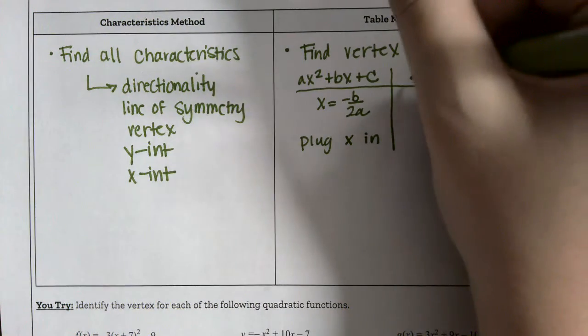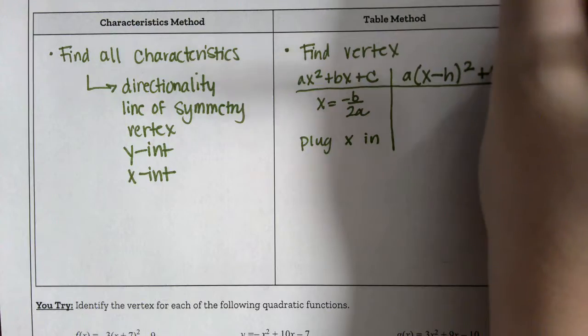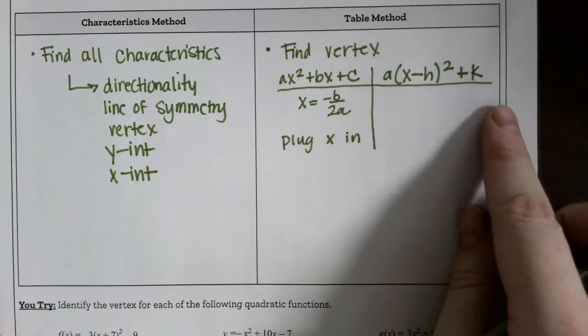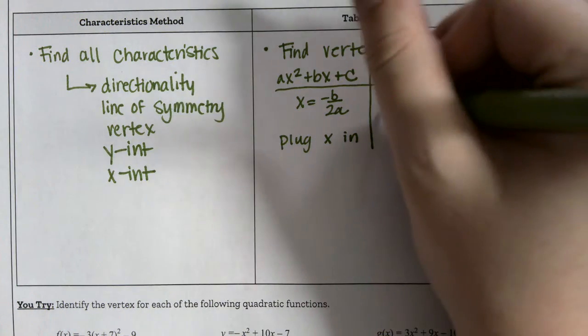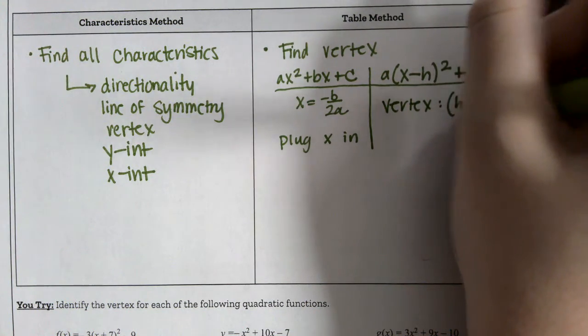Now there's also something called vertex form, which looks like this. And this is just another way that I could give you a quadratic function. And in this way, finding the vertex is actually very easy because the vertex is h comma k.